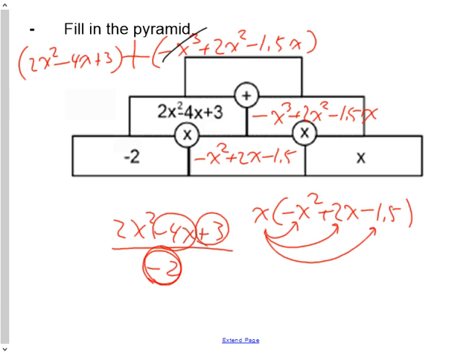Your x cubed is your highest degree term, so it stays first. 2x squared and 2x squared make a positive 4x squared. Your negative 4x and your negative 1.5x is a negative 5.5x. And your constant of plus 3 remains by itself. Therefore, the top step of your pyramid is negative x cubed plus 4x squared minus 5.5x plus 3.